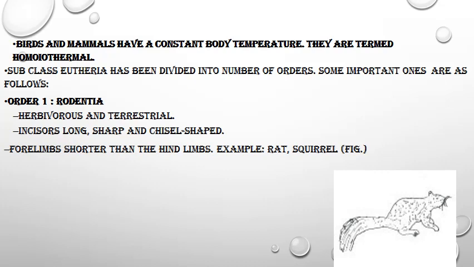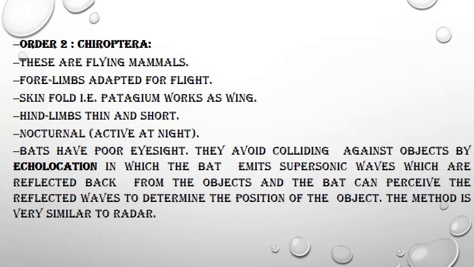Some important ones are as follows: Rodentia, herbivorous and terrestrial, incisors long, sharp and chisel shaped, forelimbs shorter than the hind limbs, example rat, squirrel, etc. Then Chiroptera, these are flying mammals, forelimbs adapted for flight, skin fold, patagium works as wing, hind limbs thin and short, nocturnal.